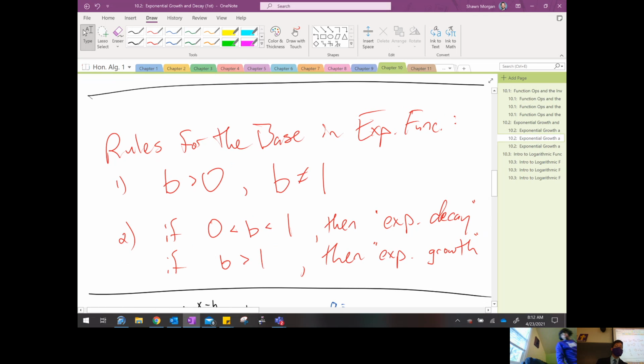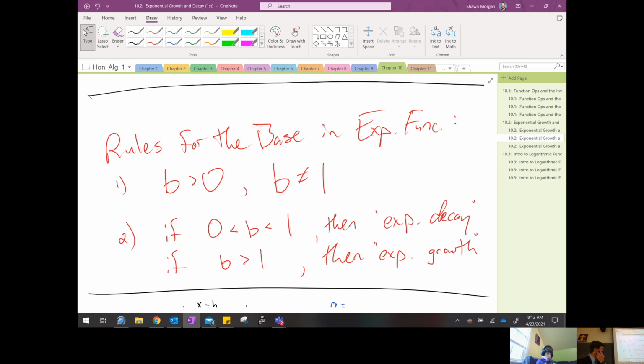So what tells me if it's exponential growth or exponential decay is the base. If the base is more than 1, it's growth. Okay, it's taking off. If the base is between 0 and 1, it is decay, it's declining.